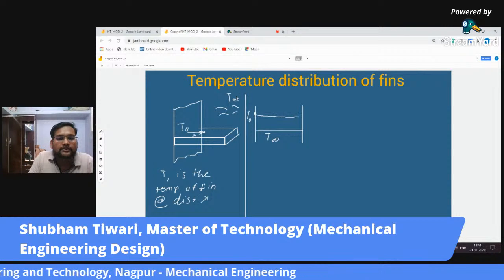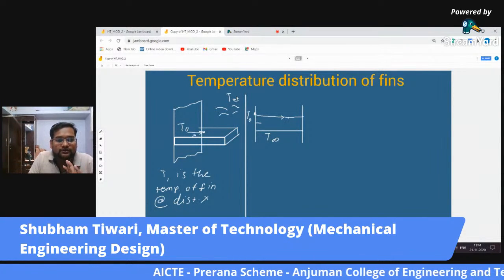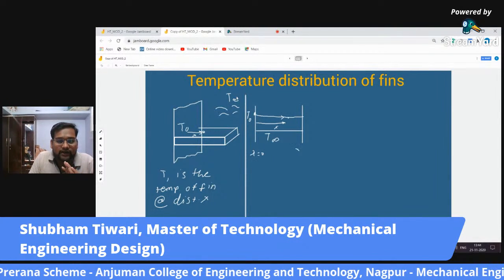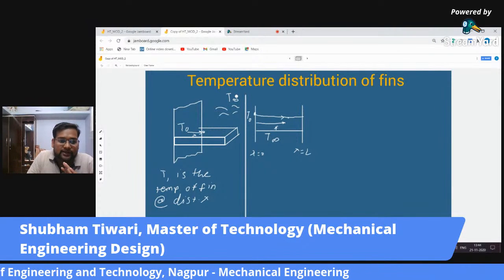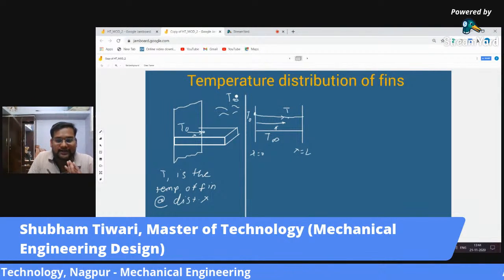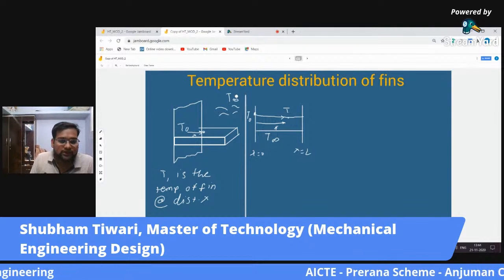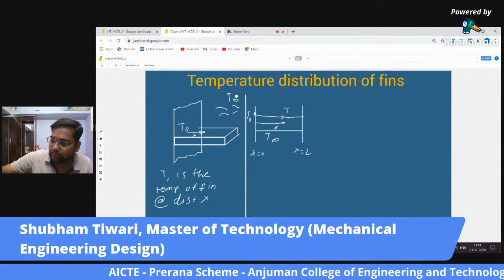As the length increases, the temperature of the fin keeps decreasing. Here the temperature is T1 at some distance x. Here x equals 0 at the root, and x equals L where it ends. At some distance x, I have to find the temperature T. So we need to find the temperature distribution.